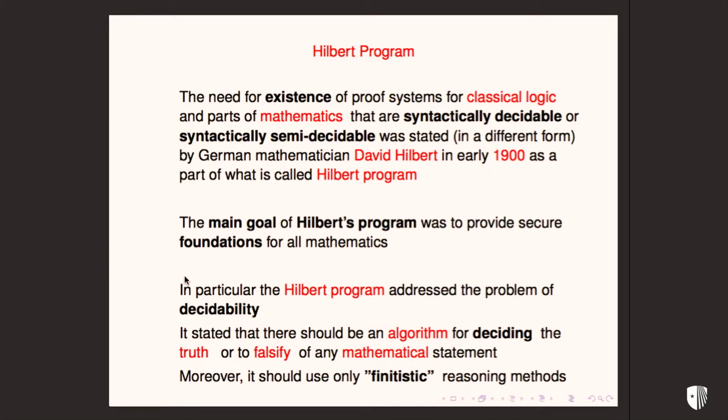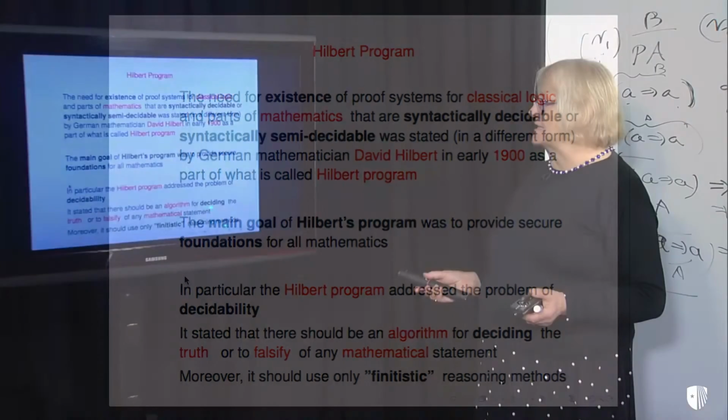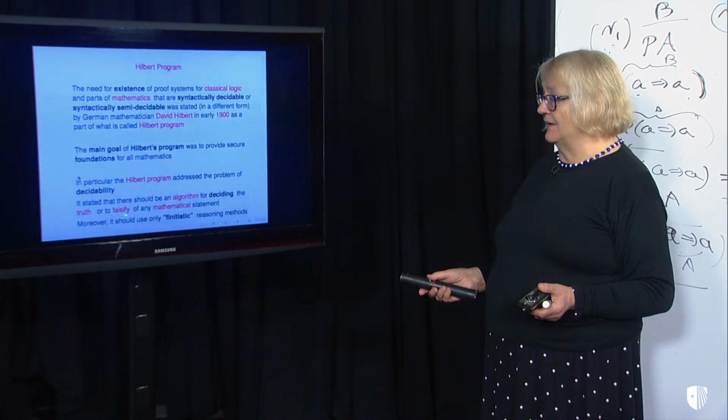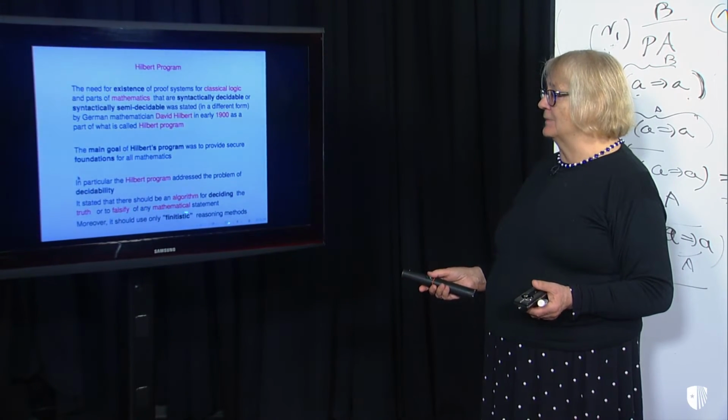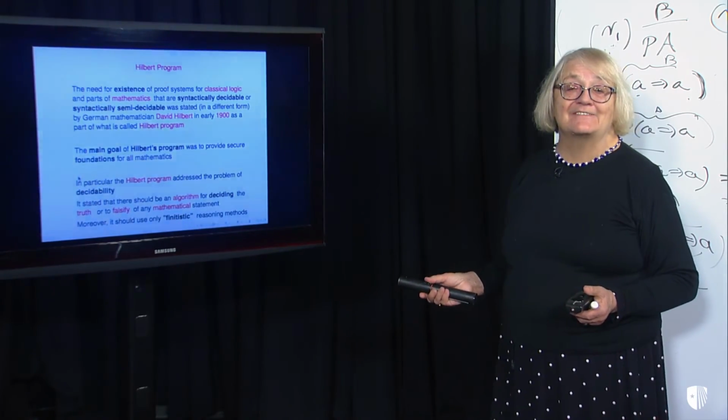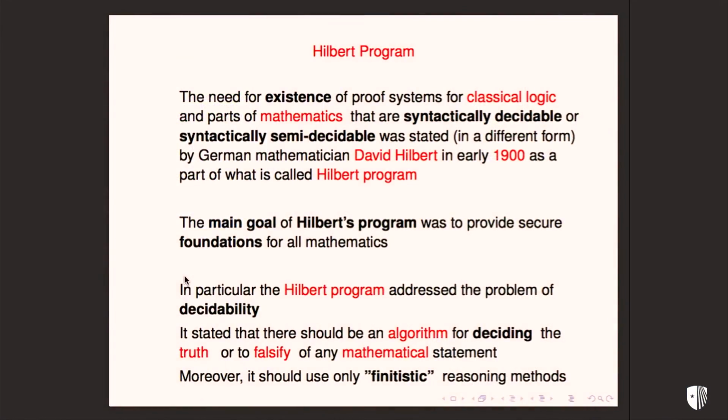And in particular, one of the first problems he stated was the problem of decidability. It stated that there should be an algorithm to decide the truth or falsity of any mathematical statement, and it must be done by finitistic methods.